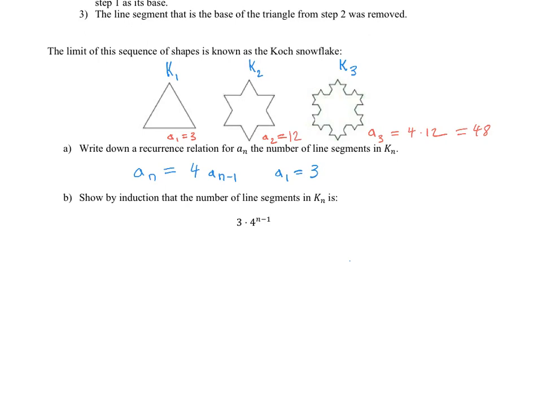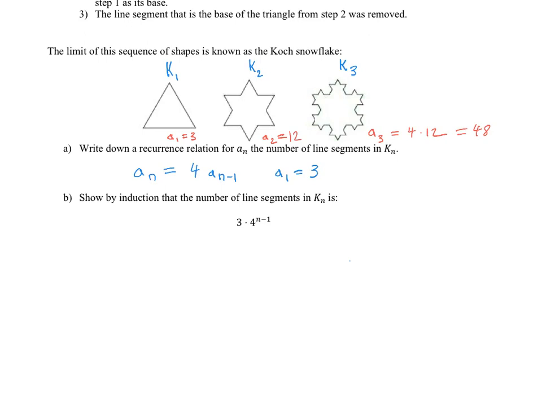Okay, now we're going to use induction. So you may have tried to solve recurrence relations before by just trying to guess at what the pattern is. Just trying to take the numbers 3, 12, 48, and try to guess at what type of formula you would get out of that. So a wonderful thing that induction can do is verify that a guess is correct.